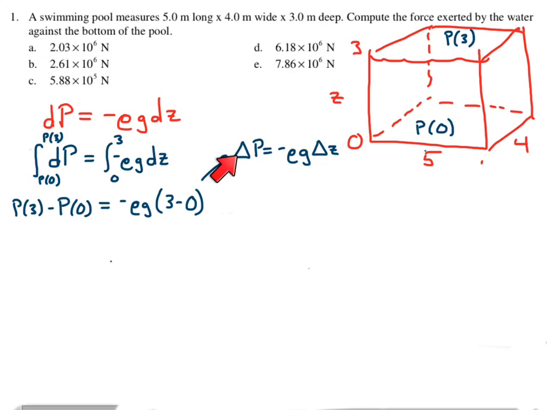That's obviously delta P, and this is delta Z. I did a little algebra there, but I think that was pretty obvious. I am actually looking for P of 0. I want to know the pressure at the bottom of the pool, right? So I'm going to go ahead and solve this for P of 0.